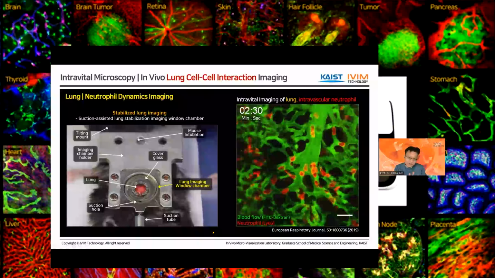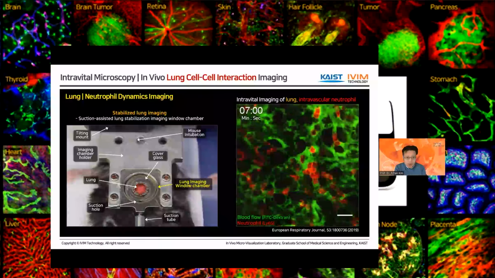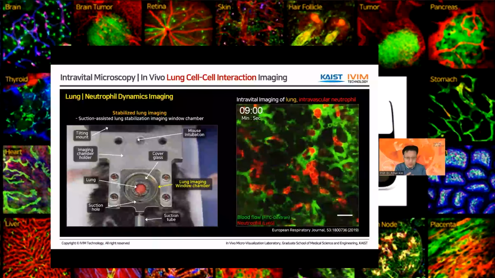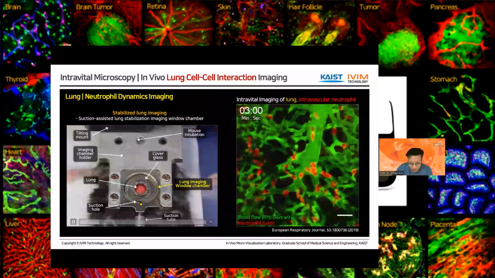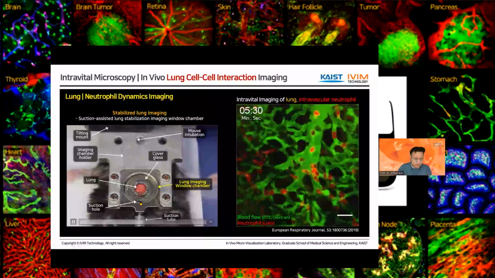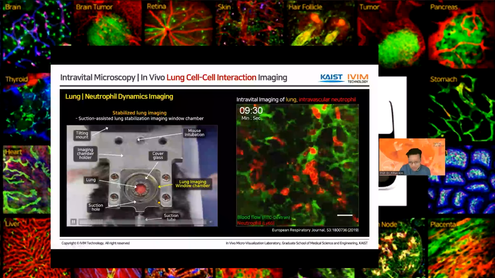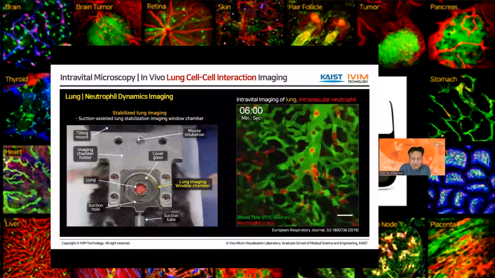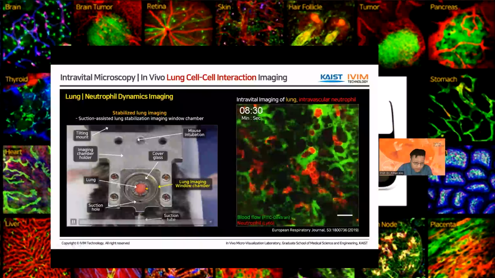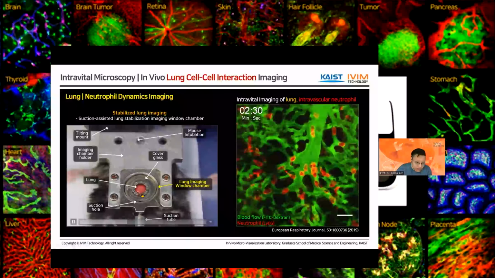In our group, we implemented this small stabilized lung imaging window device. If you look here, it has a small hole, so we can suck out the air from the inside of this imaging chamber and build up negative air pressure inside, around 930 to 960 millibar, which is enough to stabilize the surface of the lung against this transparent cover glass, as you can see here.